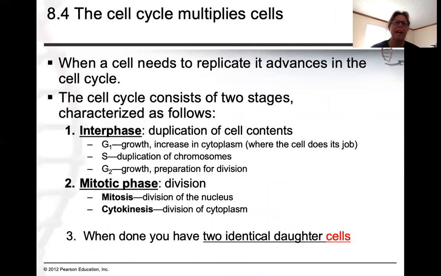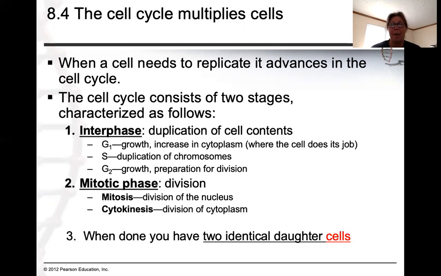Before the cell divides, we have what's called the cell cycle. The cell cycle is divided up into two main phases called interphase and the mitotic phase. Interphase is broken up into three additional subphases, G1, S, and G2, where mitosis is also divided into two parts.